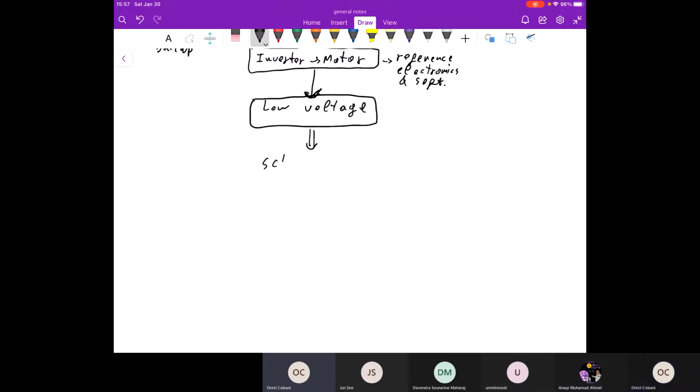Okay, then we go to electronics, and we start with schematic, or let's say physical layout. Let's just go into the sensor stuff. Talk about the sensors first, and then we can explain the layout.